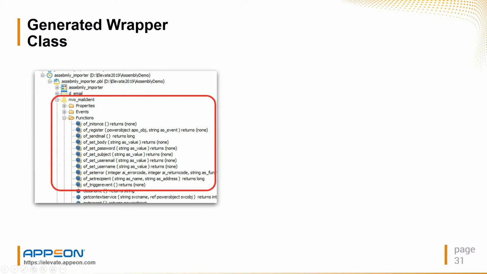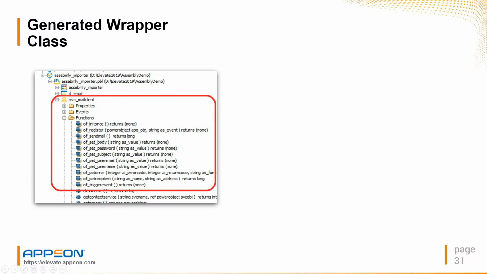These ones where it says OF underscore set underscore are the set properties. Remember that in the C# code, the body, the password, the subject, user email are all properties of the class. So those are properties. I just happen to use the word set in my method name.